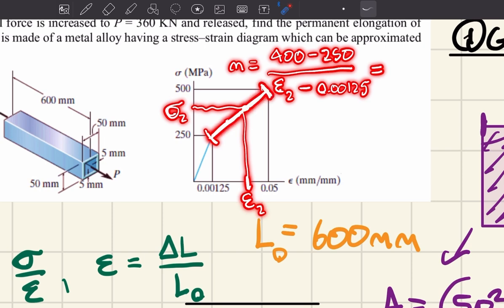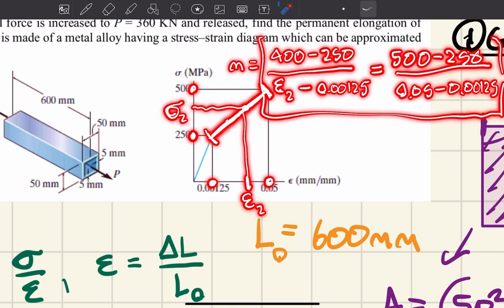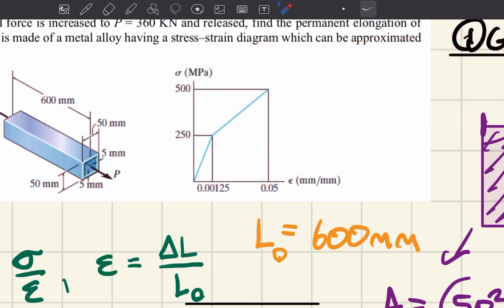And how do I find this entire slope? Again, y2, 500, minus 250, divided by x2, 0.05, minus 0.00125. That's x2 minus x1. This is the formula you use, and basically you use that formula because you have one unknown. You want to find sigma 2 or epsilon 2.